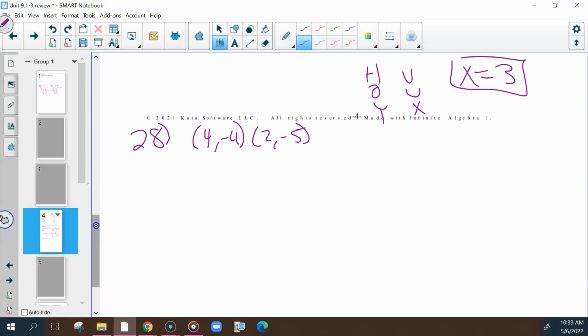For number 28, where you're given 2 points, you need to first find your slope. Remember that's your y2 minus y1 over x2 minus x1. Label these if it helps you.